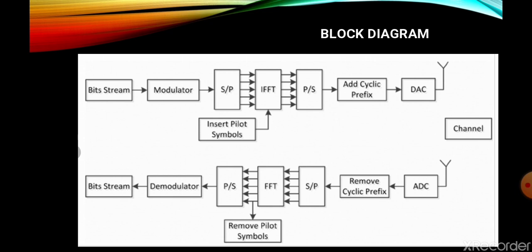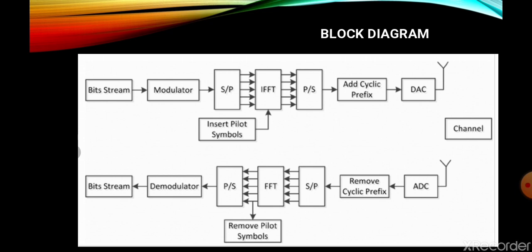At the channel, it is received and converted back to the digital form, and the cyclic prefix that was added to overcome intersymbol interference has been removed. Then serial to parallel conversion is done, and the signals are converted in parallel to perform the FFT. There are also pilot symbols, which are inserted as reference carrier frequency symbols.